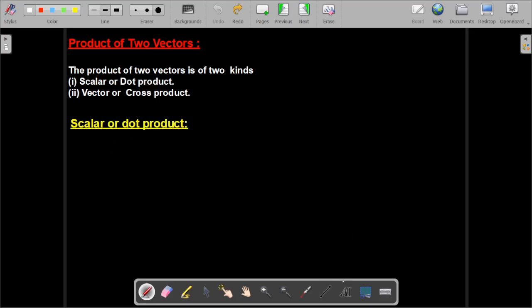Suppose two vectors are given in this way. They are making an angle theta. Vectors A and B making one angle theta.